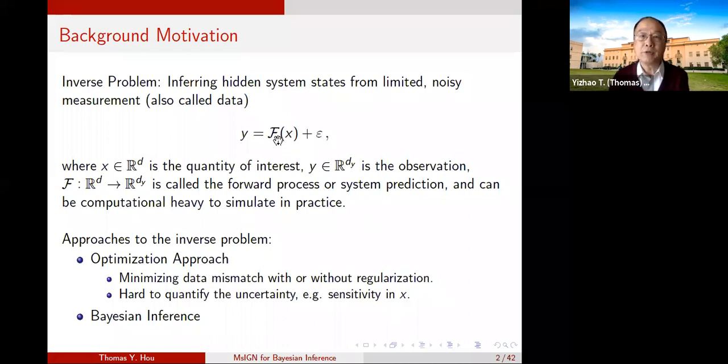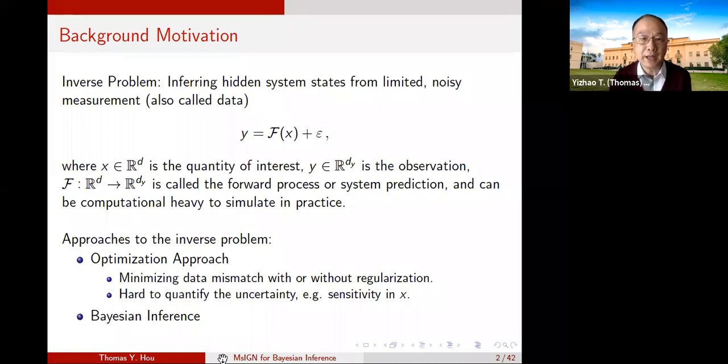On the other hand, we know that due to the noise, there's a lot of uncertainty in the recovered solution X, right? And also in many cases, due to limited measurements, X is not unique. So you have multiple modes that still keep the same measurement. So using an optimization approach may not be optimal for doing uncertainty quantification.